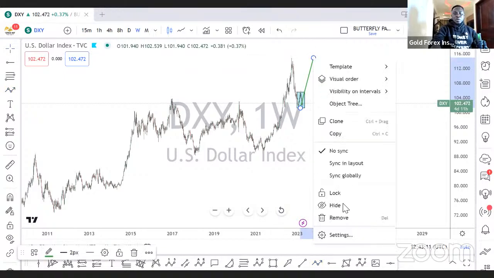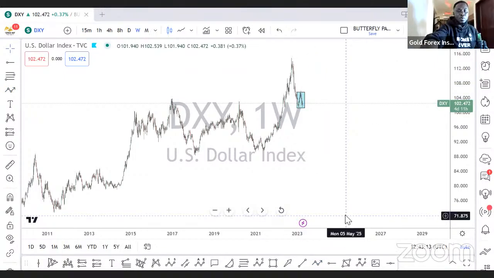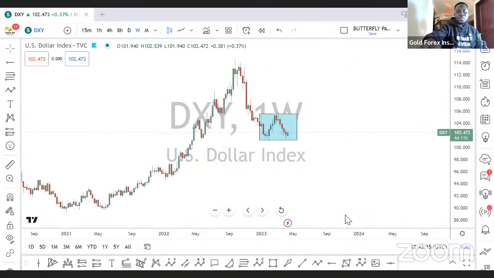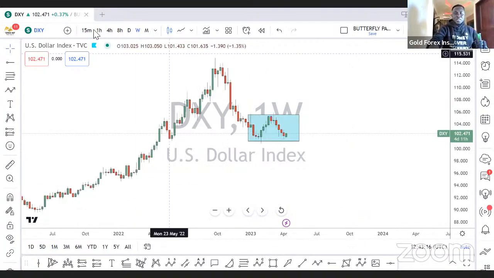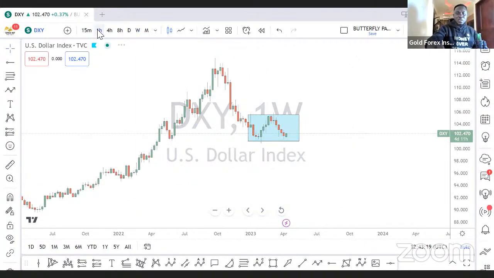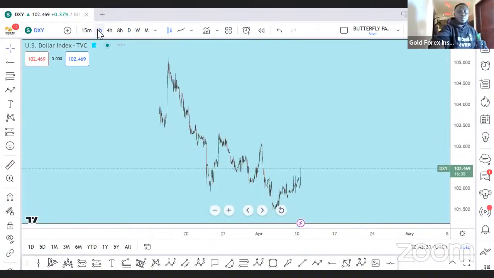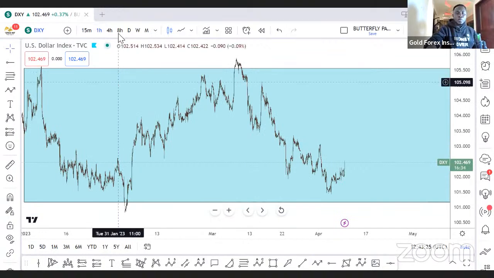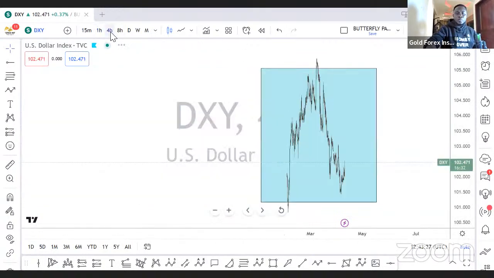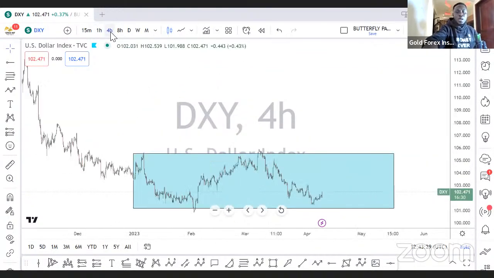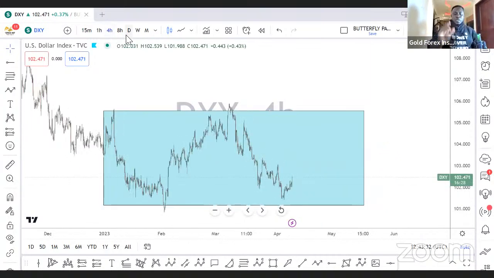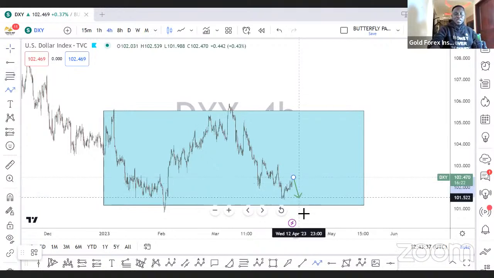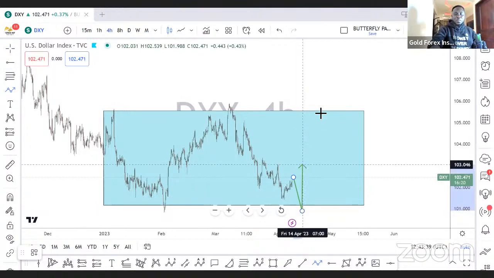Now, in the interim, or in the shorter time frame, I'm expecting something like this on DXY. As of yesterday, I was thinking that probably DXY could have shifted down a little before going up.